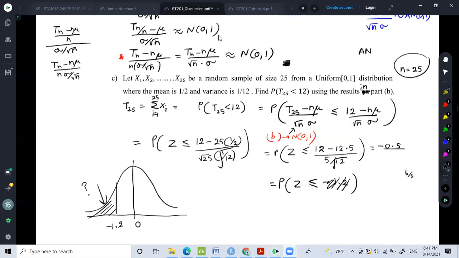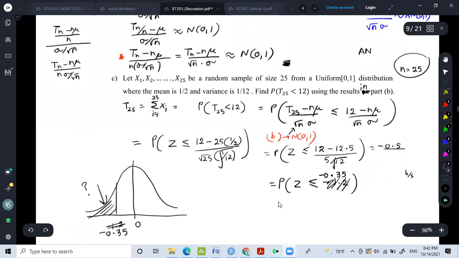Okay, so let's say 0.35, negative 0. Okay, great. So this should be negative 0.35. Good.